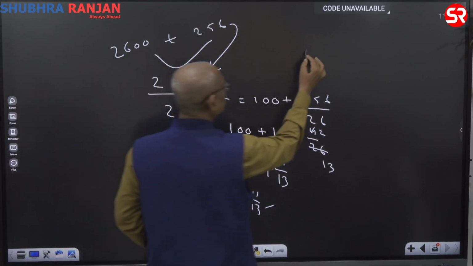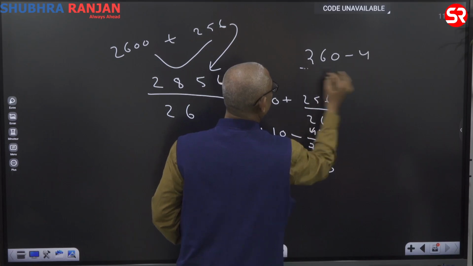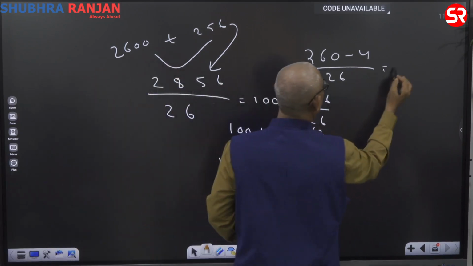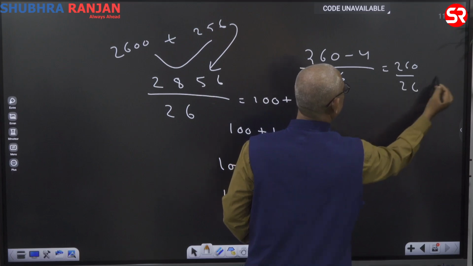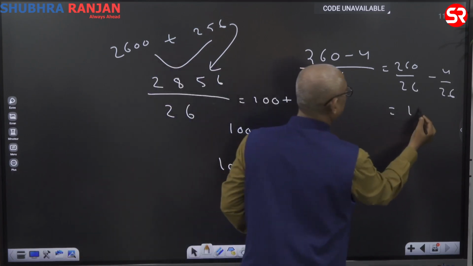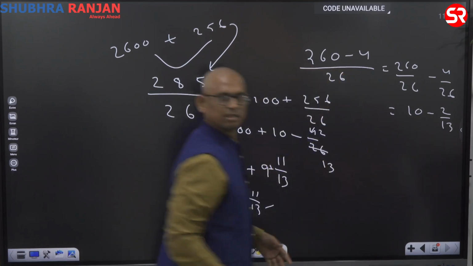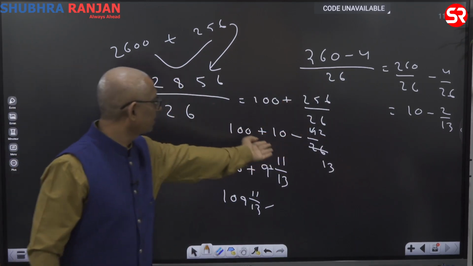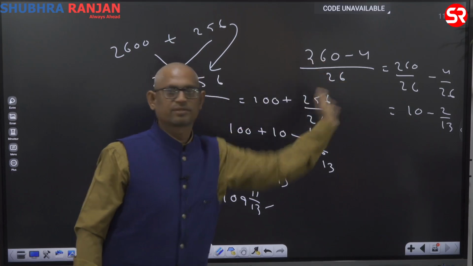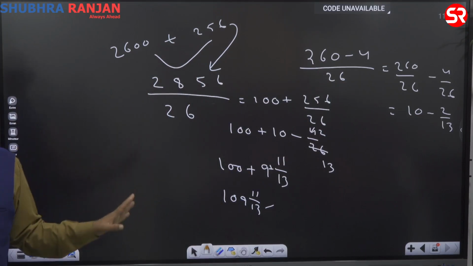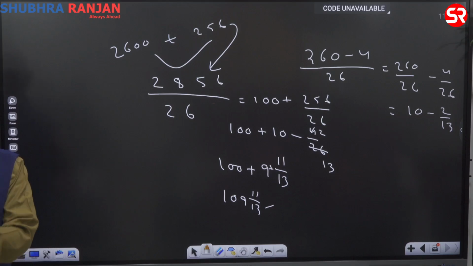So can I write it like this, 260 minus 4 by 26? So I can split it like this: 260 by 26 minus 4 by 26. So I can write 10 minus 2 by 13. So 256 by 26 I am writing directly as 10 minus 2 by 13. That is the process. Any division with any digit, you know into 1, into 5, into 10. Everybody knows that, right? Into 1, into 5, into 10.